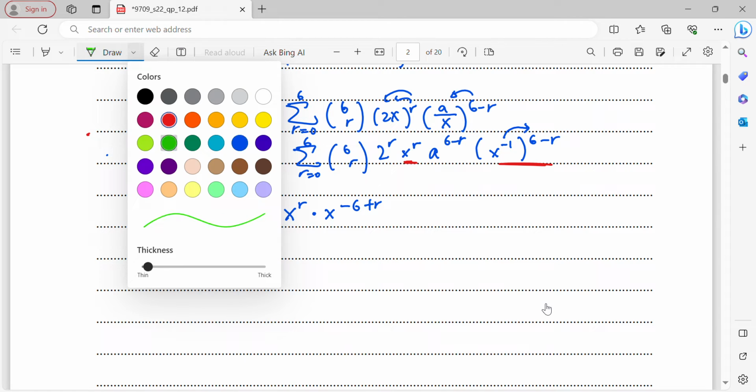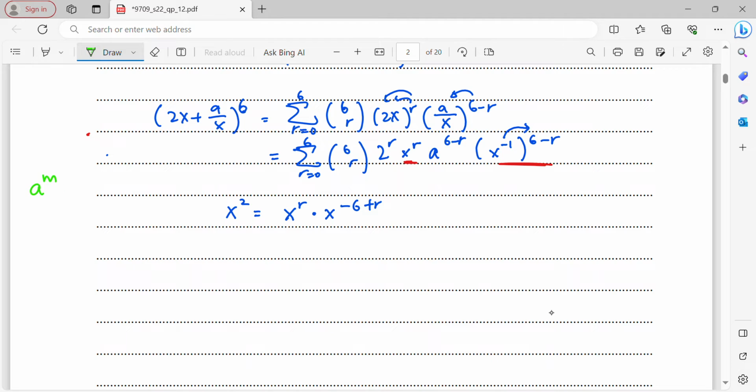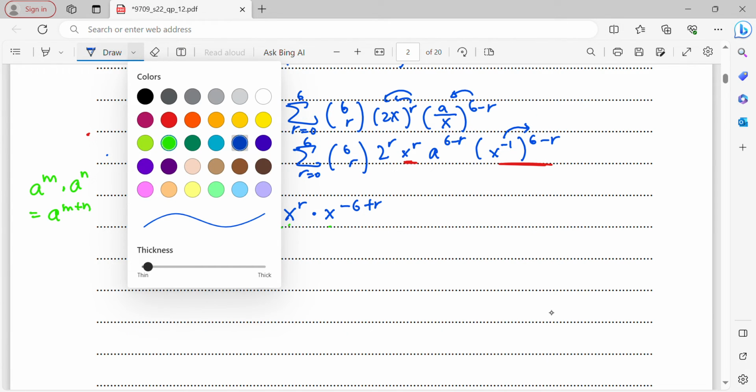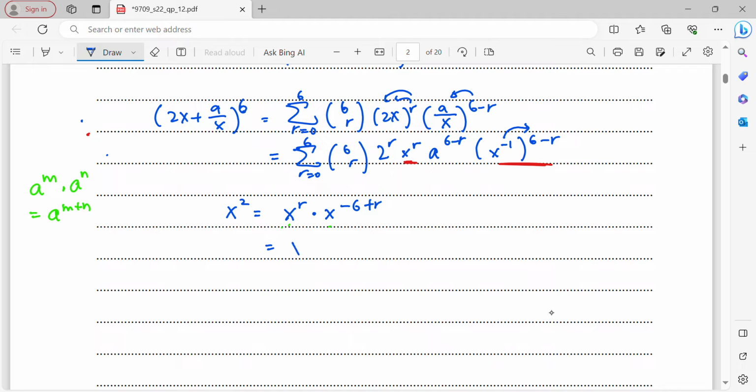We have a formula here: a^m times a^n is a^(m + n), because of the same base, both are x. That means now we have to add the degrees. So here, x to the power of r plus (−6 + r) will be x squared.